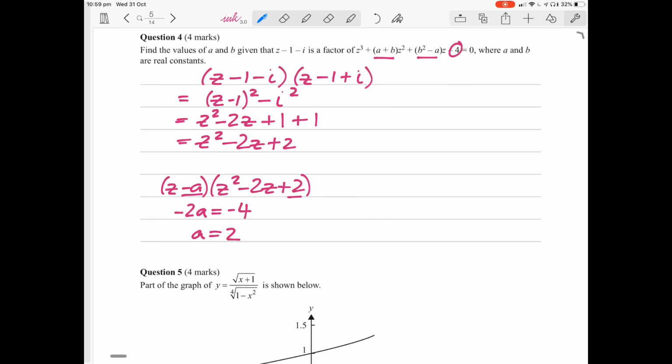Is there any way that we could need another value? Okay, so if a was equal to 2, could we have any other values of a?